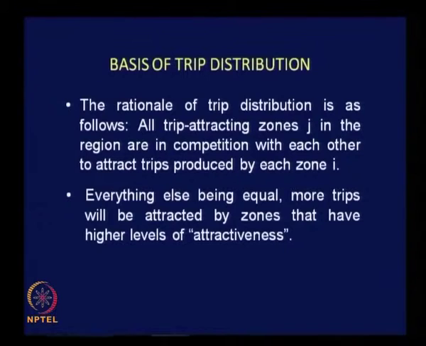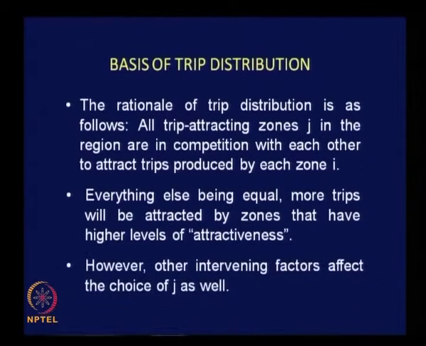When the attractiveness of a particular zone is relatively high, that zone is likely to attract more trips from all other producing zones, is not it. Now our objective should be to define the attractiveness of traffic zones, so that we will be able to quantify the same and then put that as a factor in the modeling process.